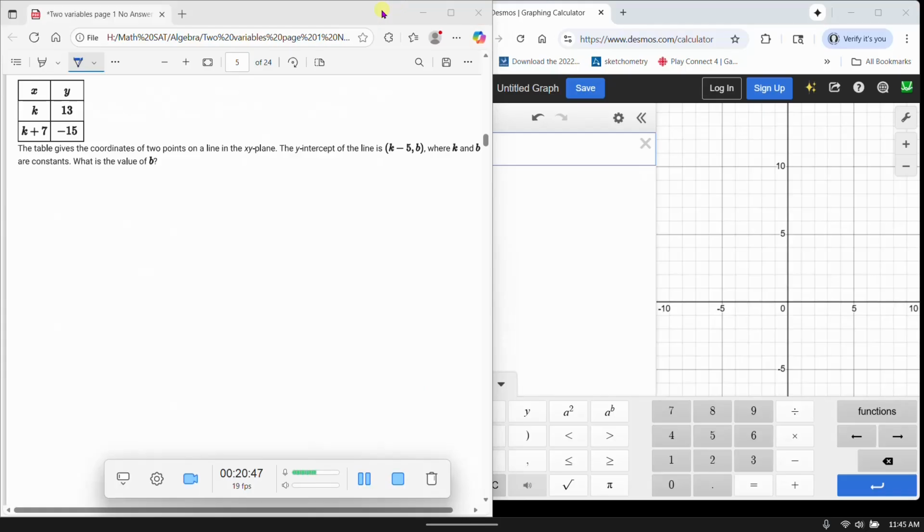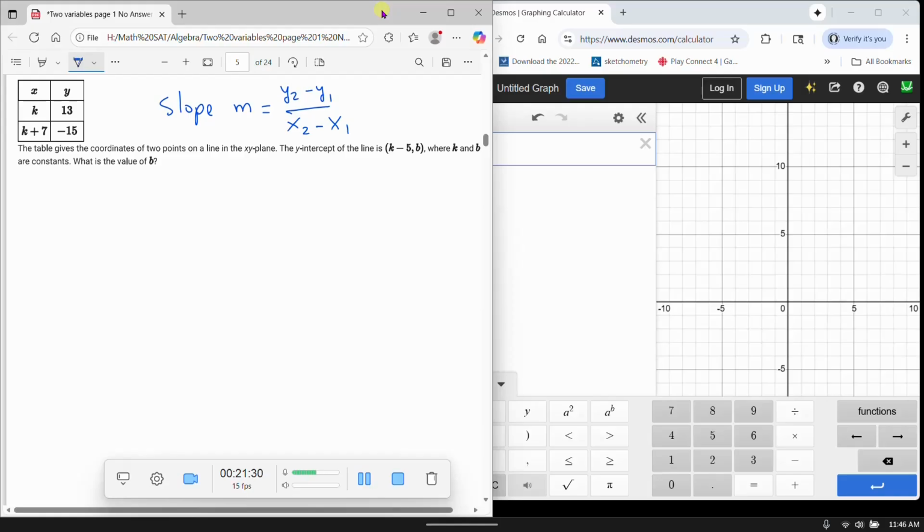So we were given a table, and also the y-intercept is k minus 5 and b. K and b are constants. What is the value of b? At any time you have a question with linear equations with 2 points given, think about the slope. I'm going to write the formula here: y2 minus y1 over x2 minus x1.